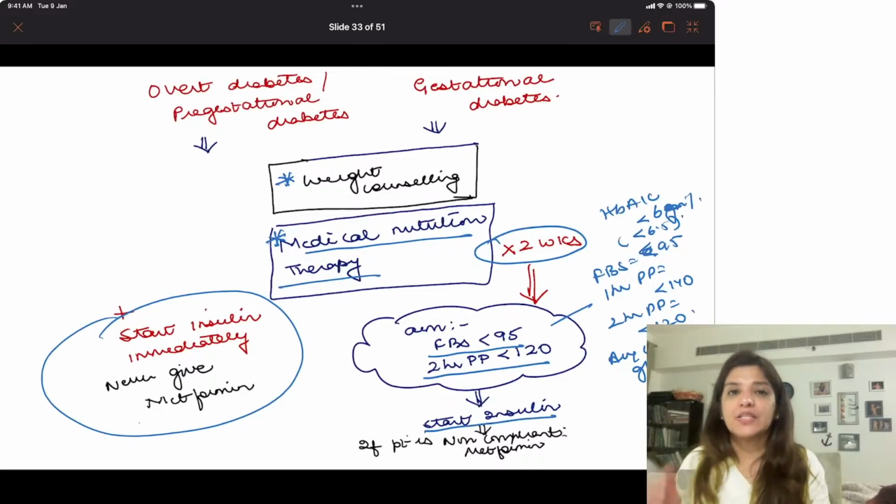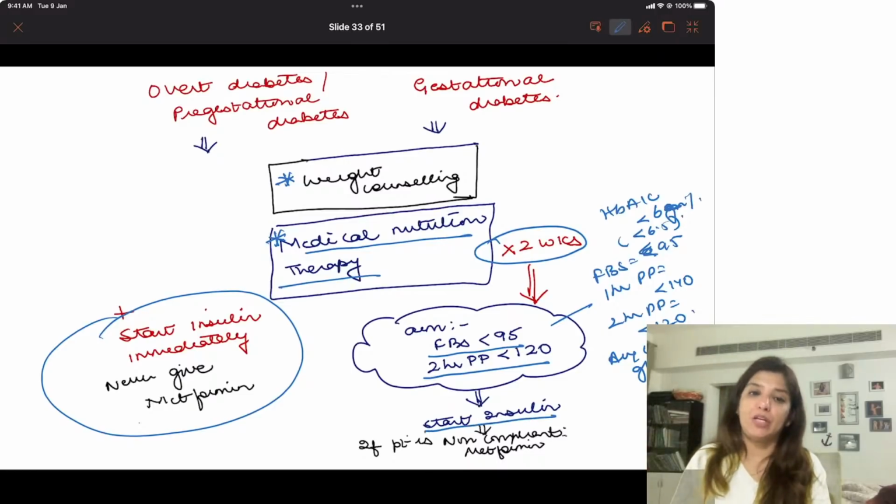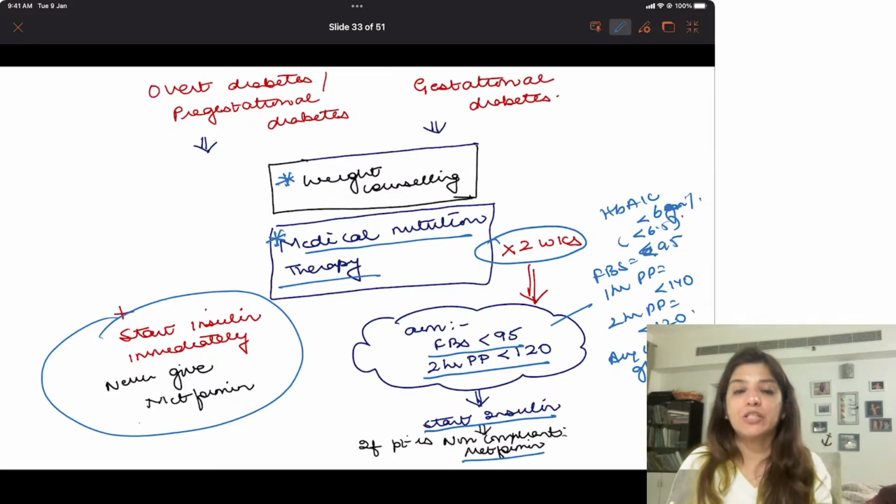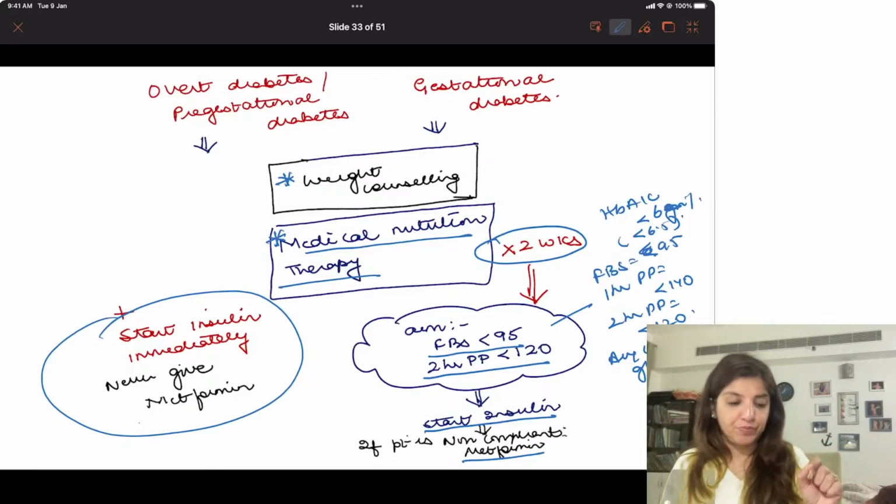The other thing is, if a gestational diabetic patient is non-compliant with insulin, then the alternative is metformin. But in case of overt diabetes, you never give metformin. The only treatment is insulin. Right? Clear to all of you?